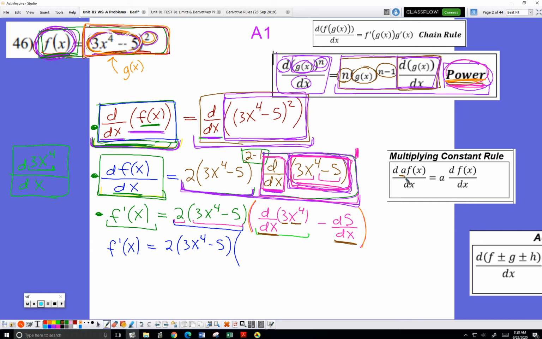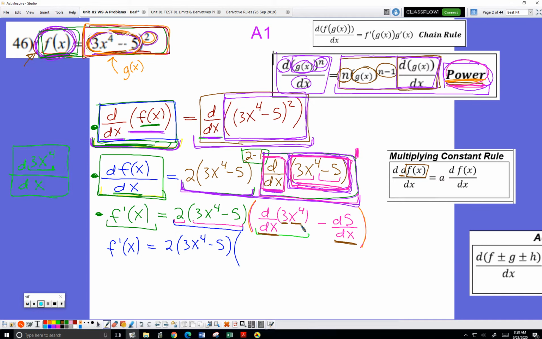So I've got 3 multiplied by something. Notice in the rules, f doesn't coincide with the f here. Don't get them mixed up. It's just a representative of some function. So I've got 3 multiplied by x to the 4th.